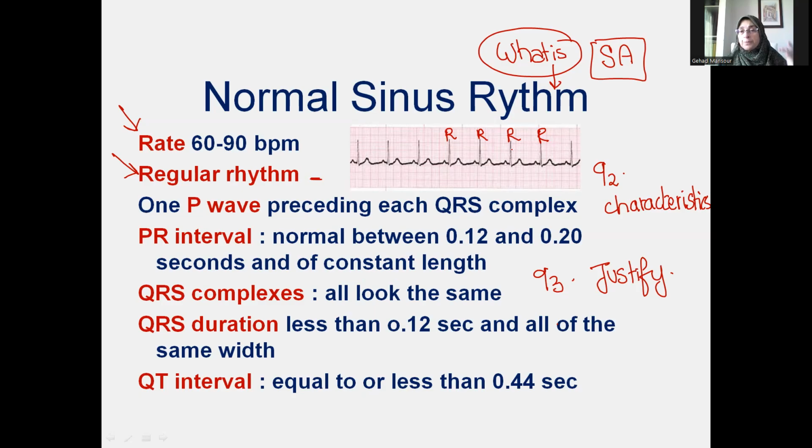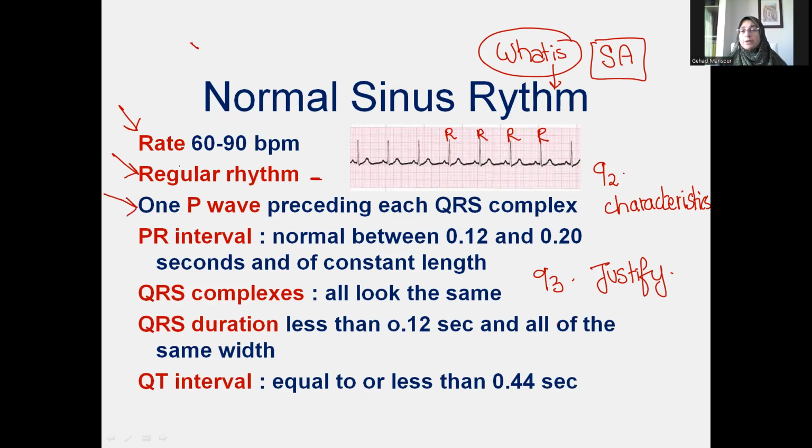So number 3, you have to highlight that every QRS complex is preceded by a P wave. This would be the third point you would be talking about.